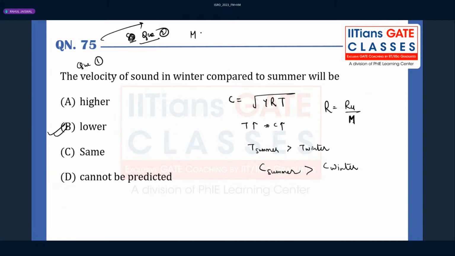When M is more, R will be less, and C will be less. So note down: velocity of sound will be more in a lighter gas as compared to a heavier gas.